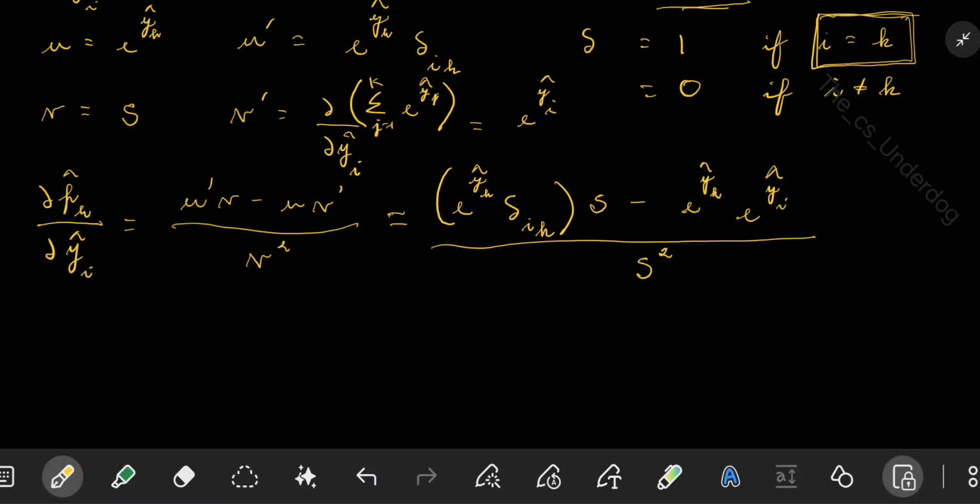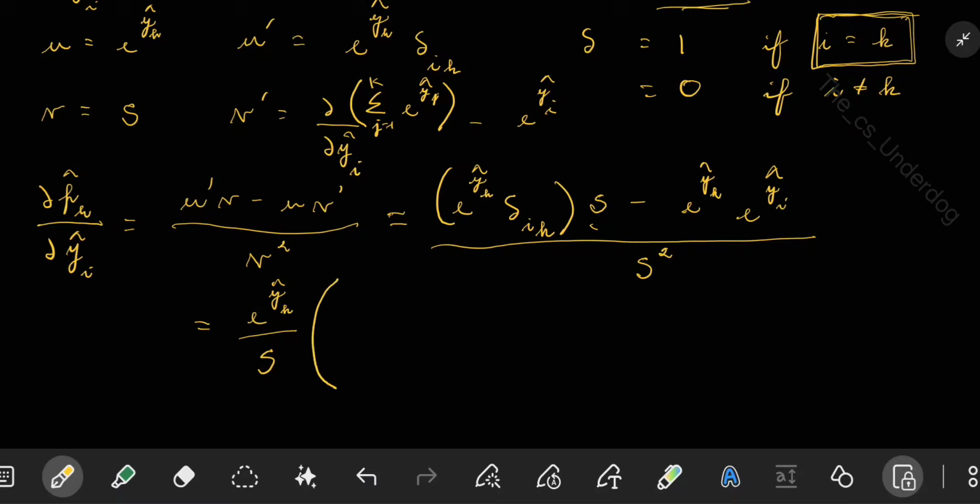This is the term. So the next step, what I'm going to do is, are there any terms common here? Yes, because e power yk is common. It is present in both. And from s square, this s and this s can cancel. If I'm taking this term out, then we can write it as two terms, and on the first term both these s will cancel and still there will be one s remaining. So I will write it as e power yk cap divided by s.